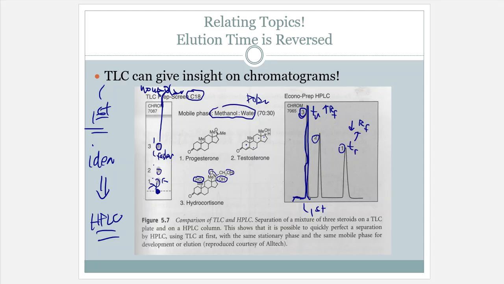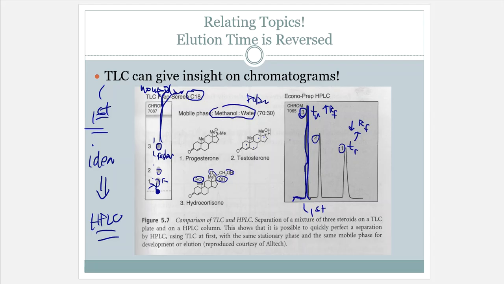So that hydrocortisone, which is what structure number 3 is, that has all of these polar groups on it, is going to be interacting with the polar mobile phase, and it's not going to stay around for that non-polar stationary phase. It just doesn't get along with it. So it's going to interact with the mobile phase more, it travels with the mobile phase more, and then sooner or later, it's going to go off the plate, and it's doing it quicker because of the structure that it's bringing to the table.